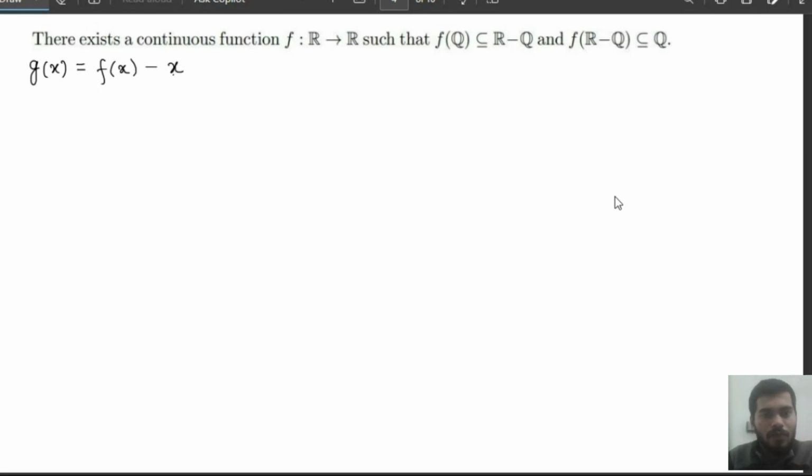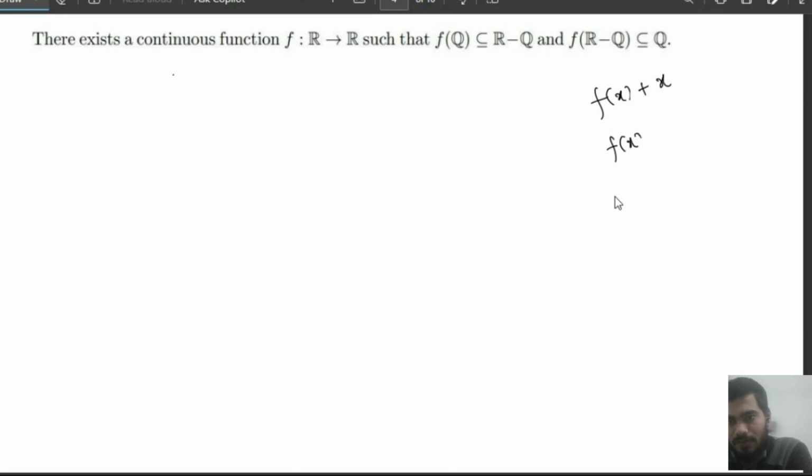Before taking this function, let me tell you the idea behind it. Suppose you take a function along with f(x). If I add x to f(x) or subtract x from f(x), then it will again be a continuous function, right?